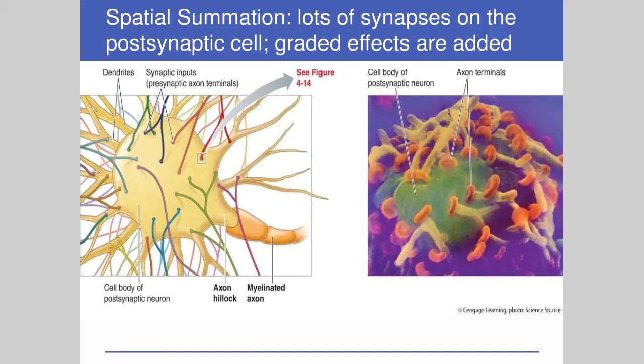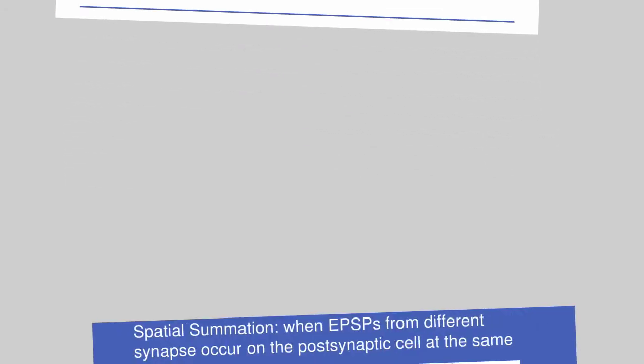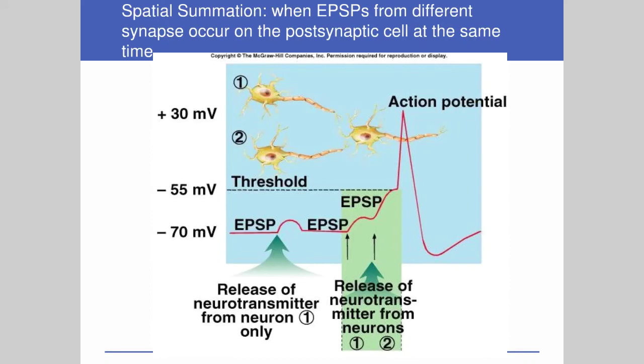Okay, so let's get the same concept, but we're going to look at it graphically. Okay, that's what we see here. So again, what we're seeing in this graph are two presynaptic cells, number 1 and number 2, and they both have a synapse with the postsynaptic cell, that third one sitting there alone. Okay, and so at the bottom of the graph, it's telling us at that first arrow that only the first presynaptic cell fired.